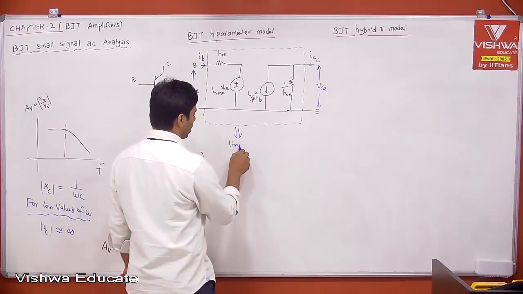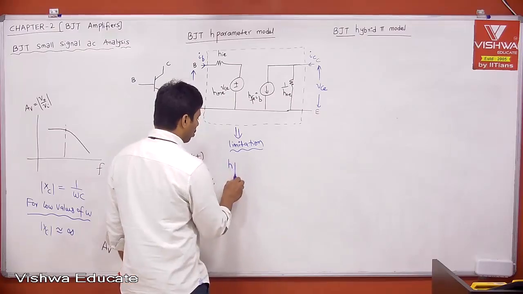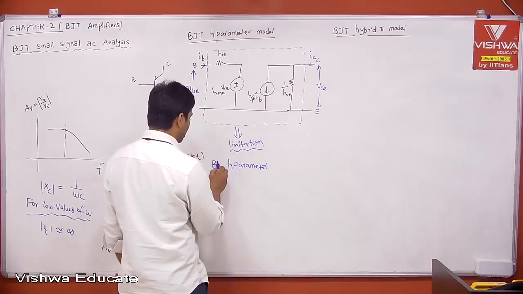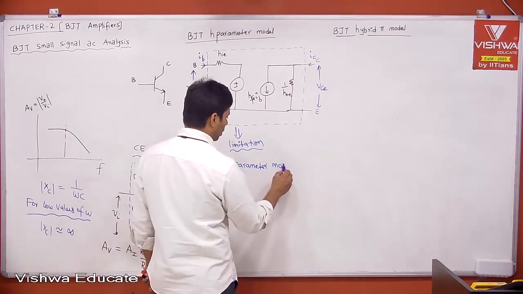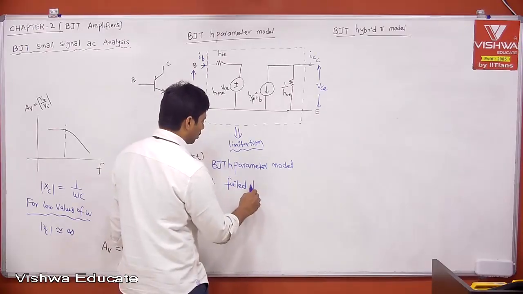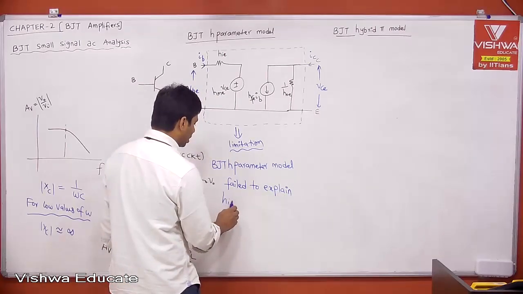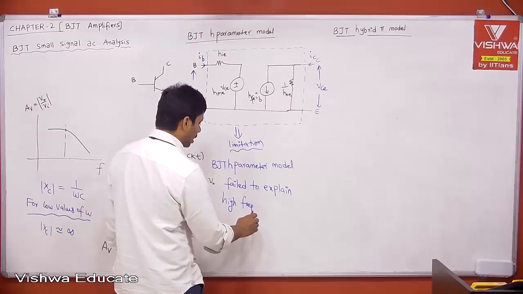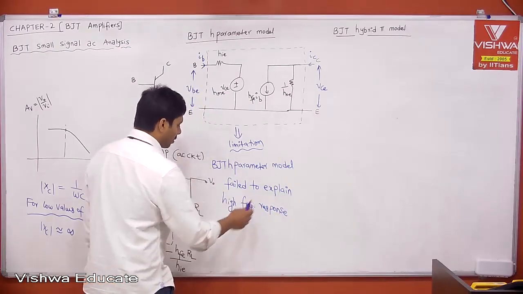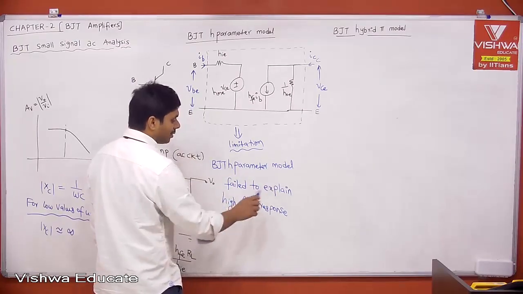The limitation of your BJT H parameter model is that it failed to explain high frequency response analysis.